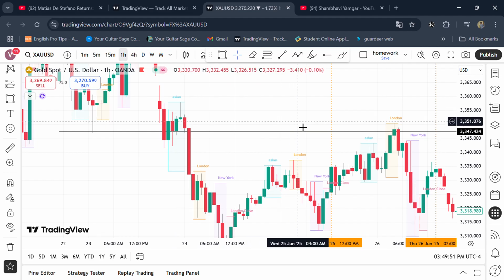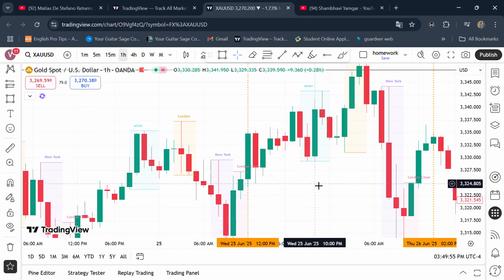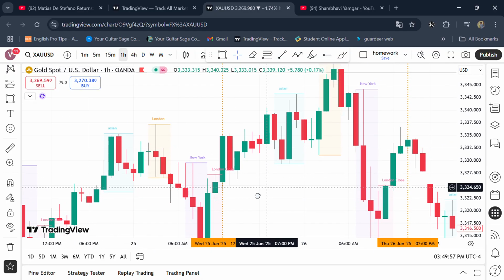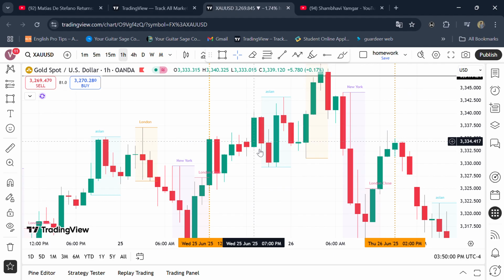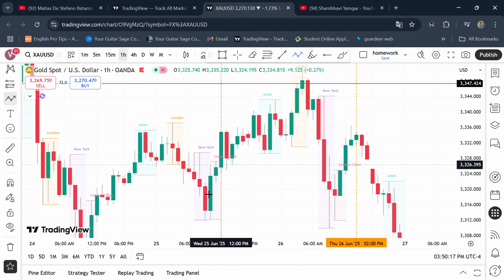Okay, now let's see what happens in the beginning. You will see before the Asian session, even before all this, there are these small candles. We can ignore them. But before that, what happens? First of all, there is an uptrend here.